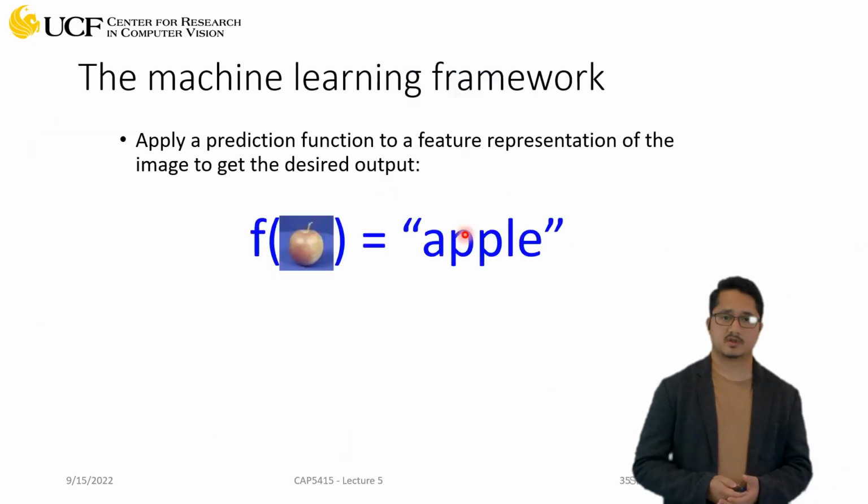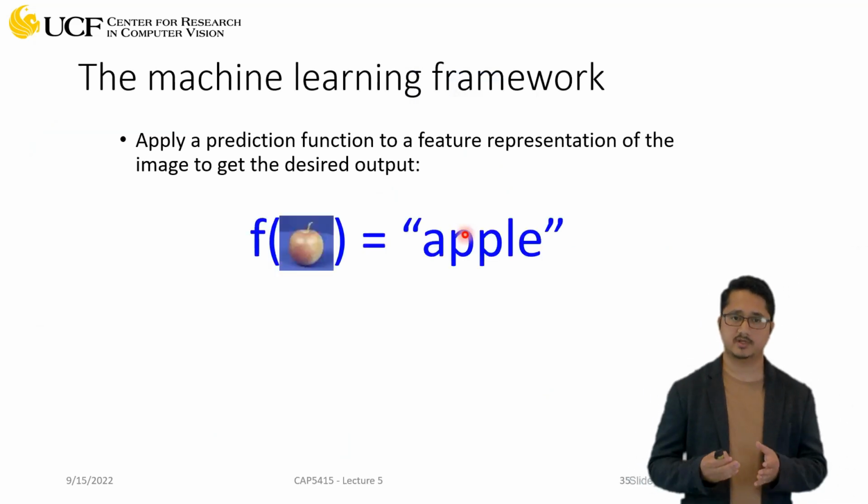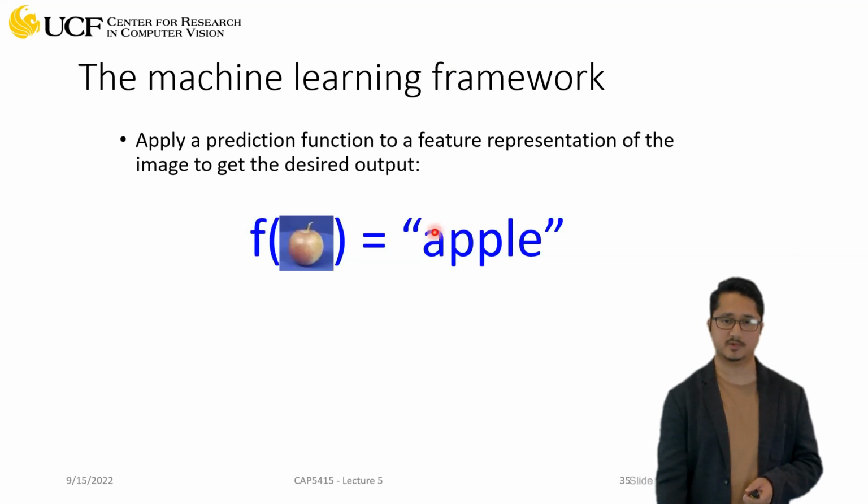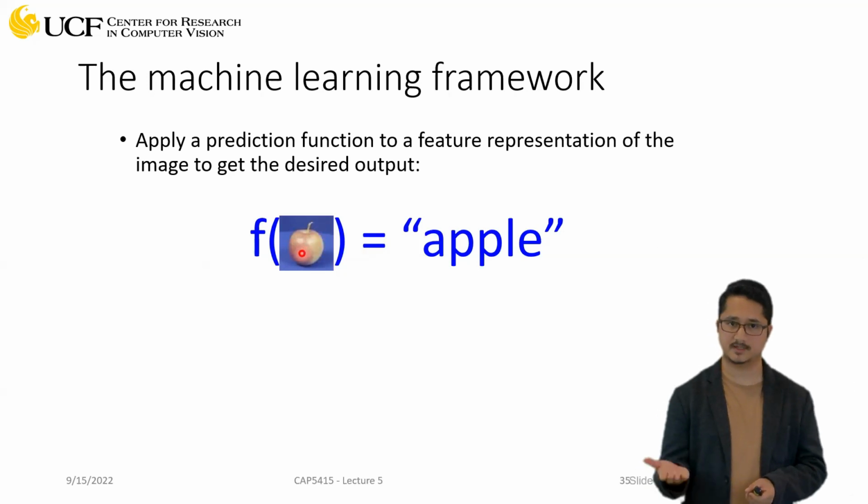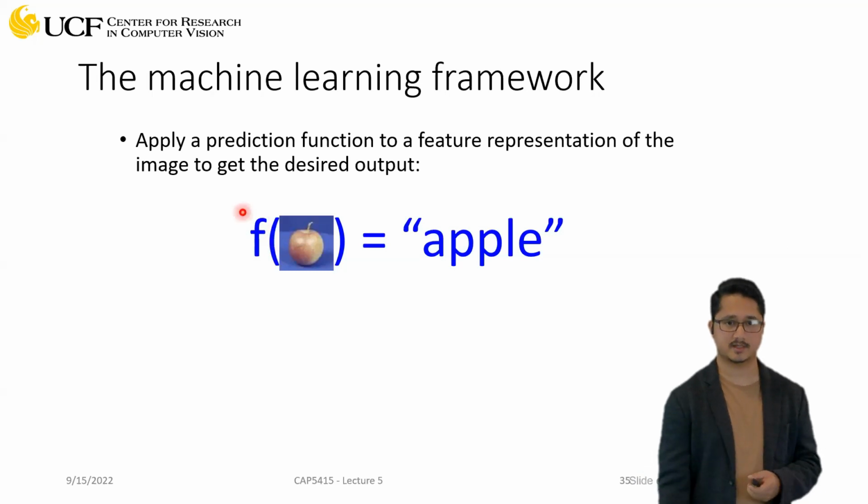So that model you can actually represent as a function. You are sending your images as an argument, or you can say input, to your function. And what that model is doing is giving you some kind of output. For example, if it's a classification task, it's giving you the class label. Whatever that model is, it doesn't matter, you can represent that as a function.